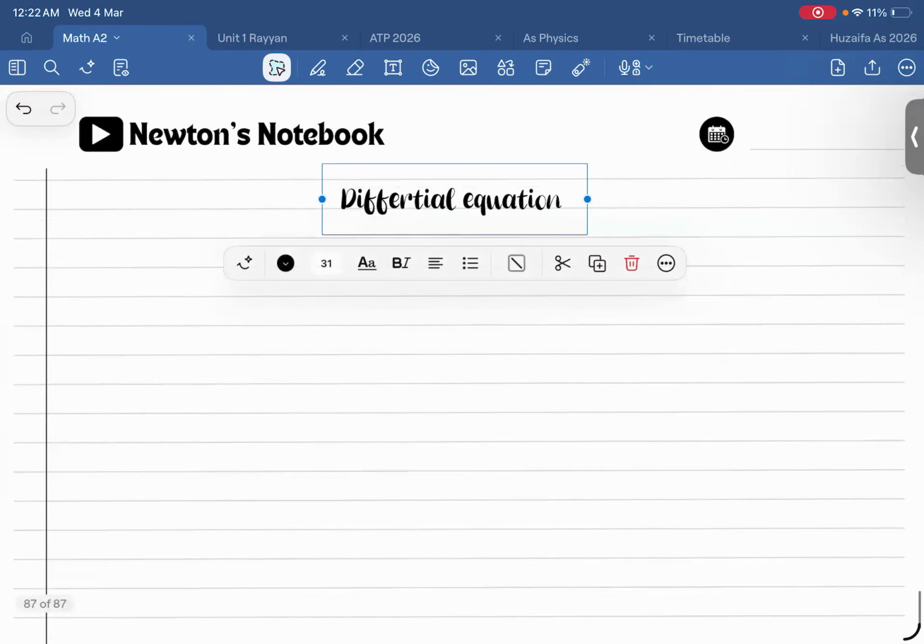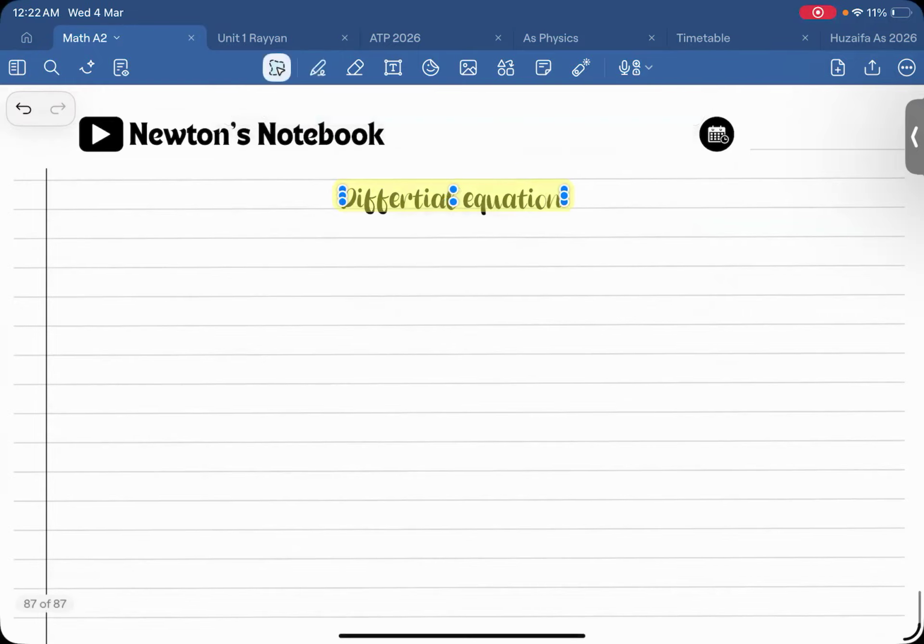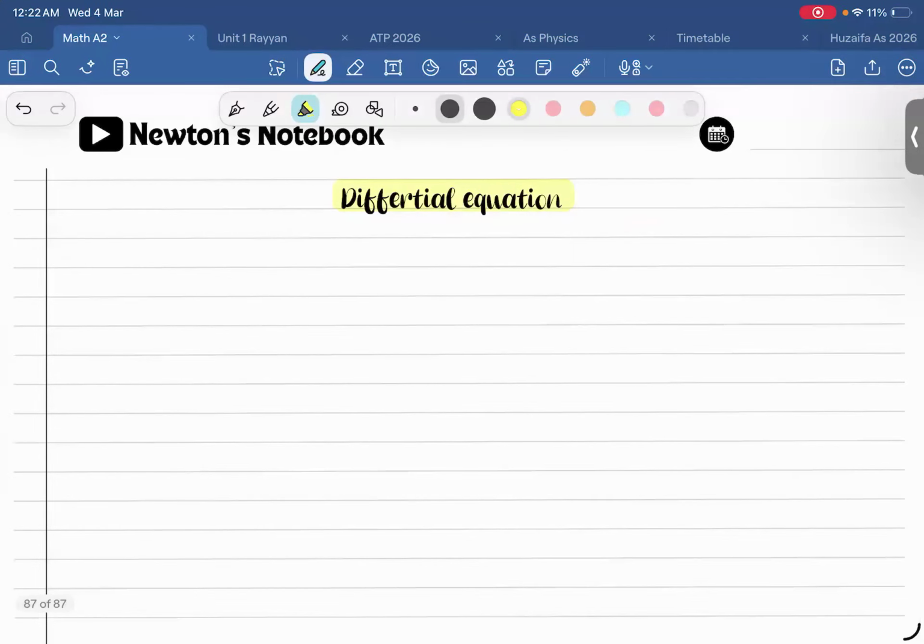Look, this chapter also requires all of the calculus that you studied in integration, alongside partial fractions. Okay, so these two things are very important for this chapter.